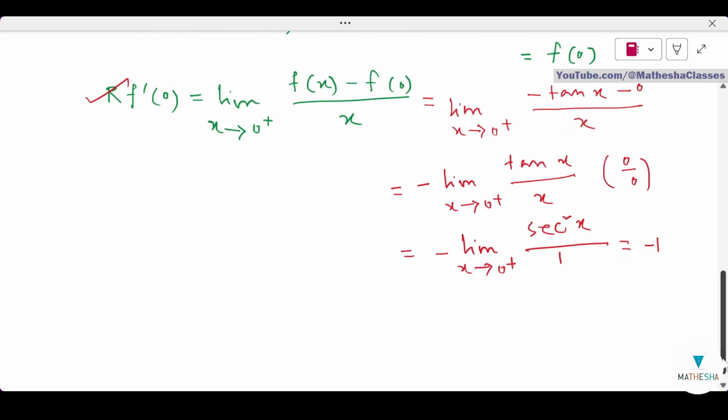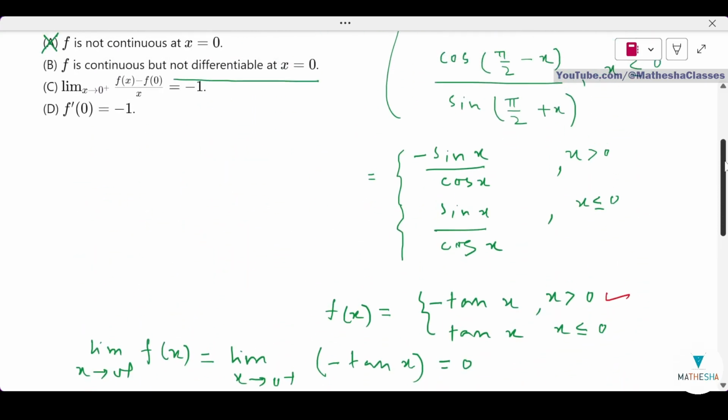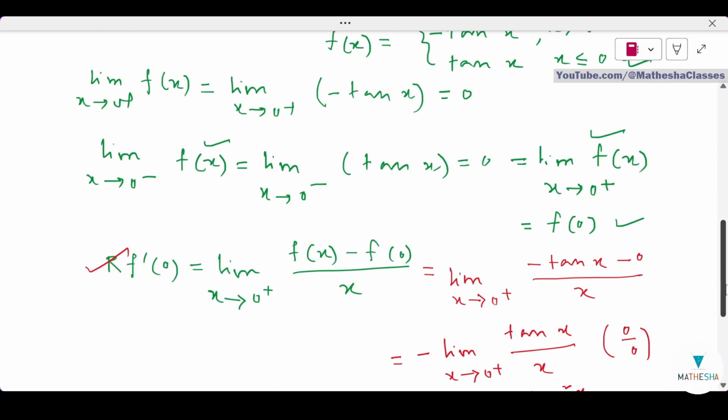And now let us calculate the left hand derivative. If you calculate the left hand derivative at 0, this will be limit x tends to 0 minus of f(x) minus f(0) by x minus 0, that means x. As x tends to 0 minus, we'll be using this formula, that means tan x.